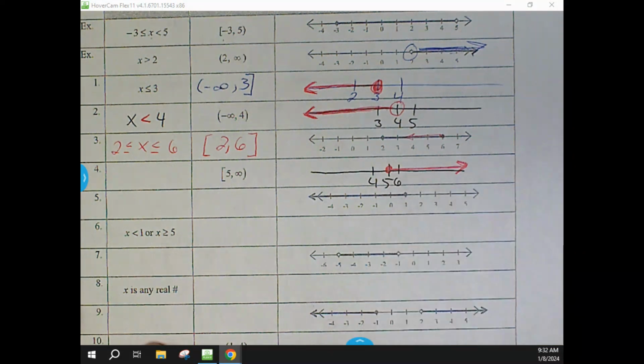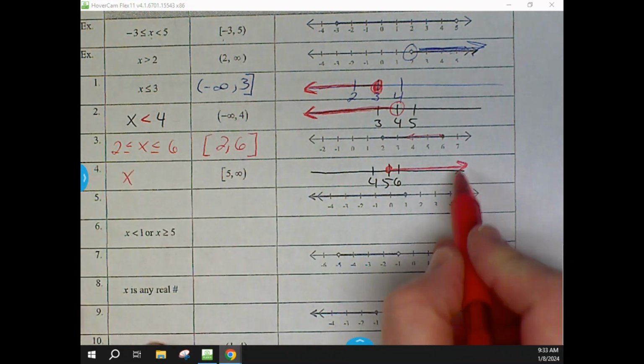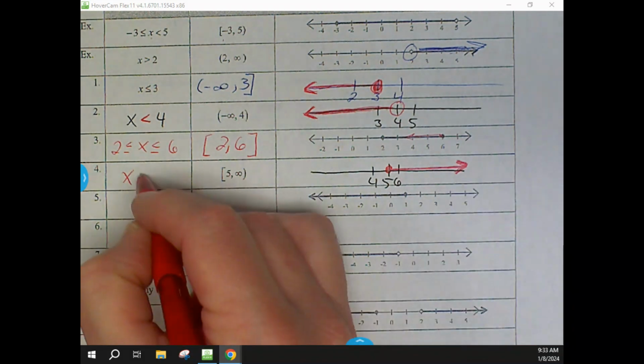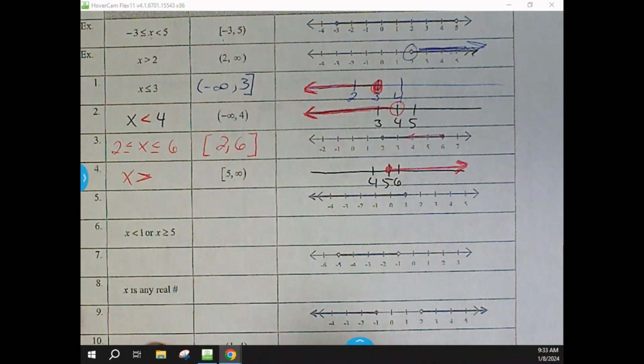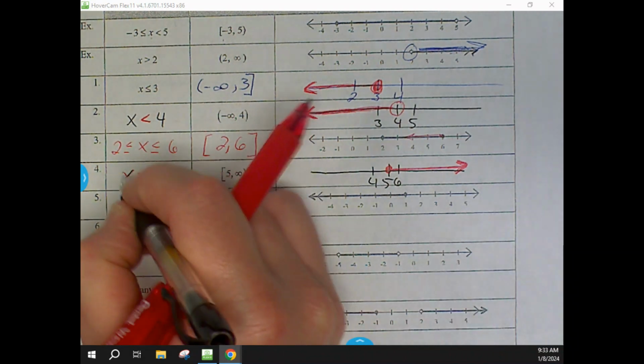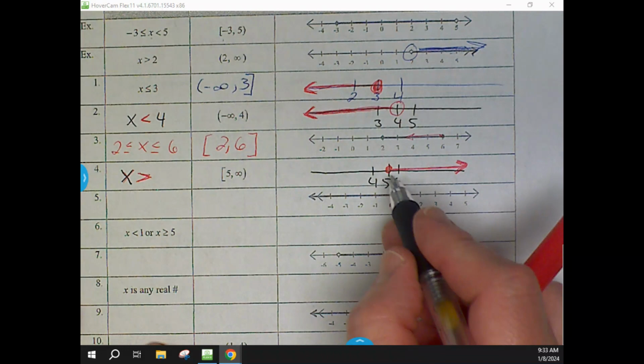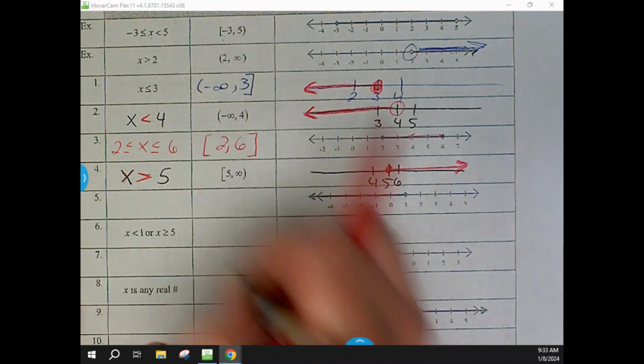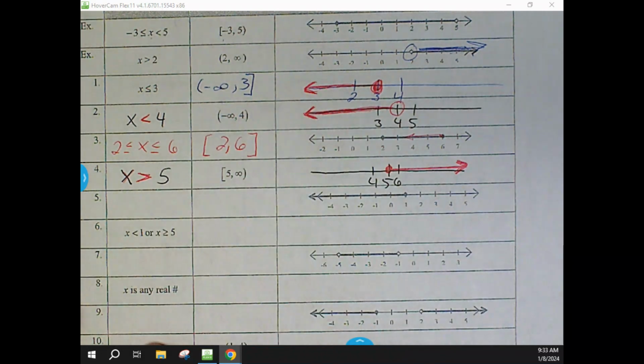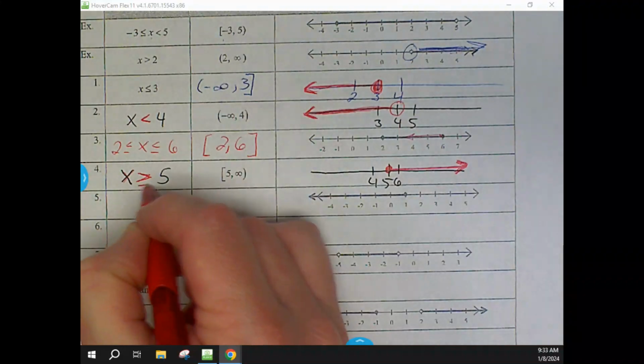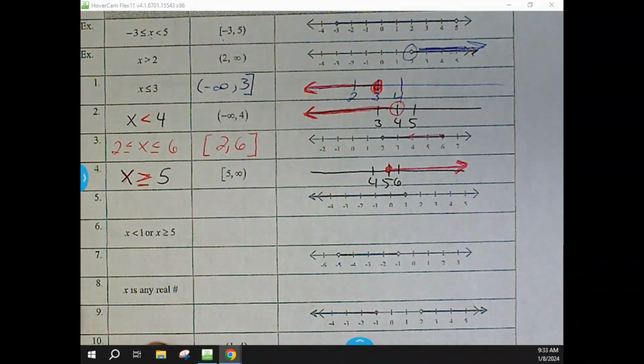Okay, so there's our graph. Okay, again, arrow is pointed this way, so arrow's got to point this way. And then we started at 5, so we're going to put the 5 there. Okay, now the only thing we need to add for this one again, solid circle, so it does need the bar underneath it.